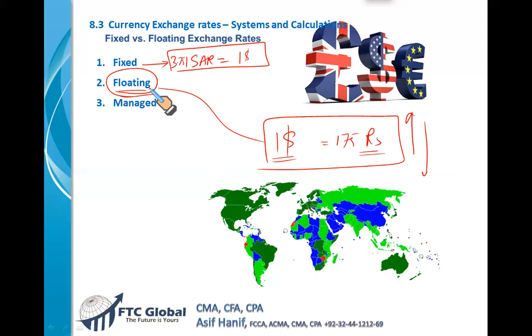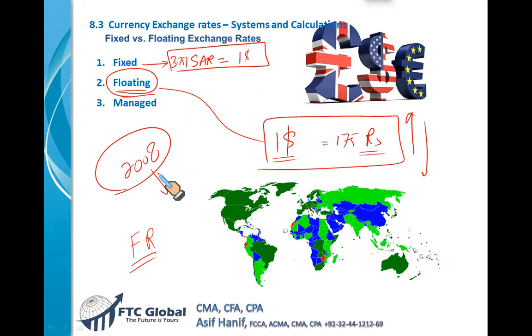Central banks intervene. Yes, the US is a free market. Yes, the US market has a close to floating exchange rate regime, but it is not perfectly so. Why? Because many times the Federal Reserve has intervened, as recently as the 2008 subprime mortgage crisis. Please do search this on Google.